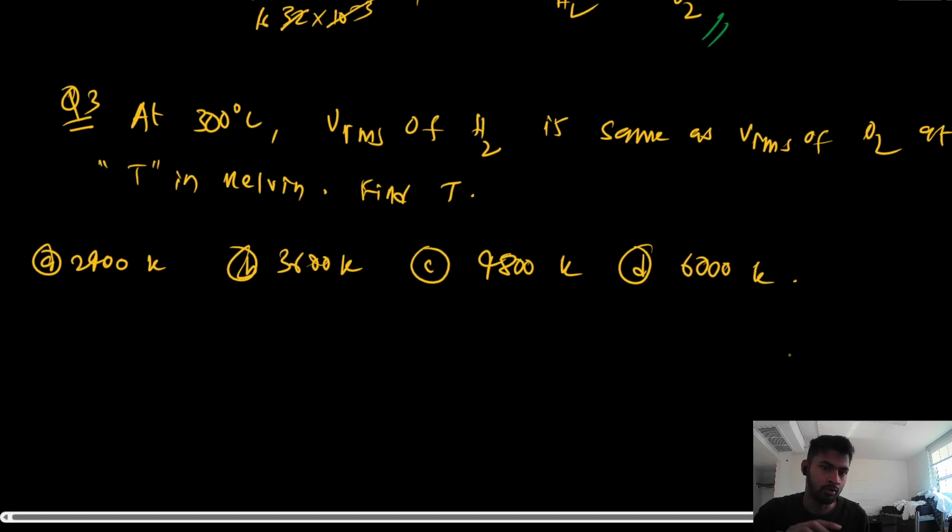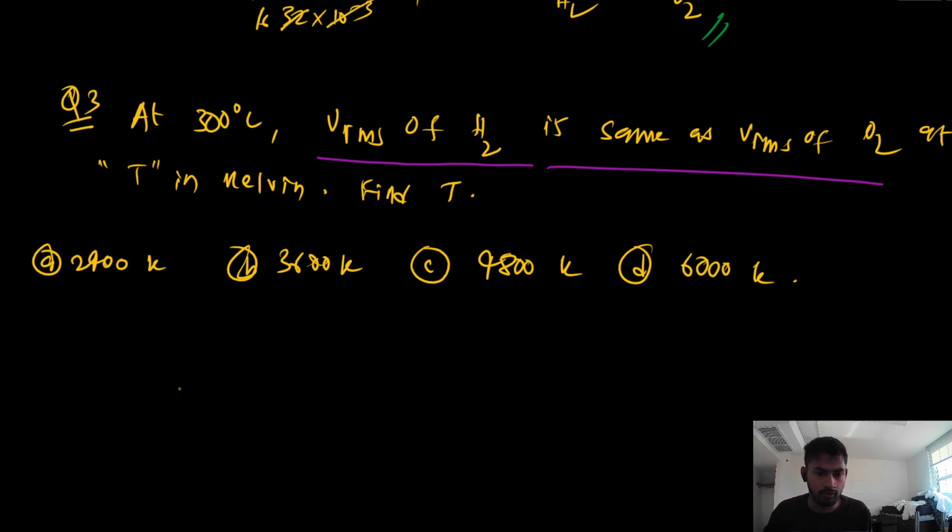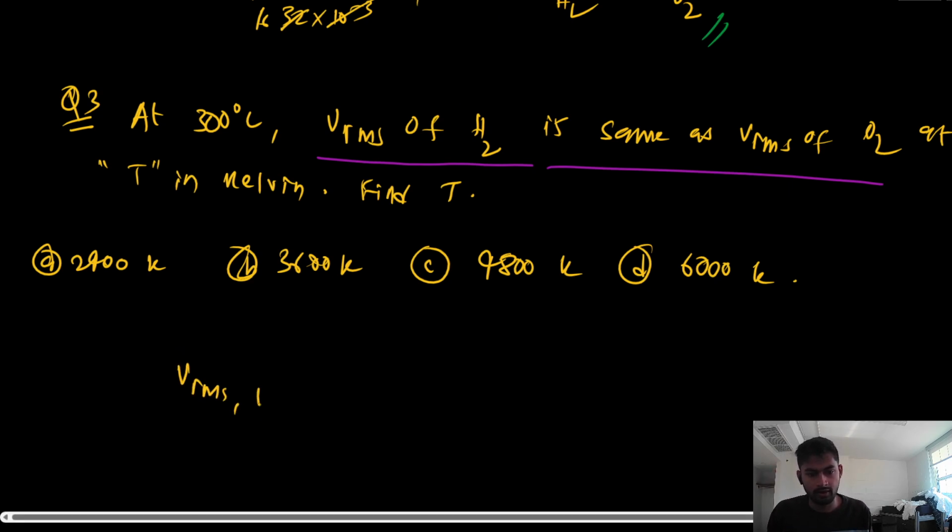What we are supposed to compute is the temperature T, and we are given the fact that the root mean squared velocity of hydrogen is the same as the root mean squared velocity of oxygen. So Vrms of H2 has to be equal to Vrms of O2, right?